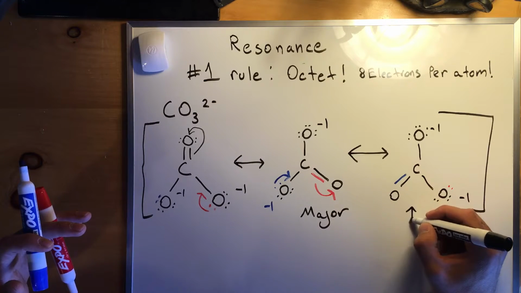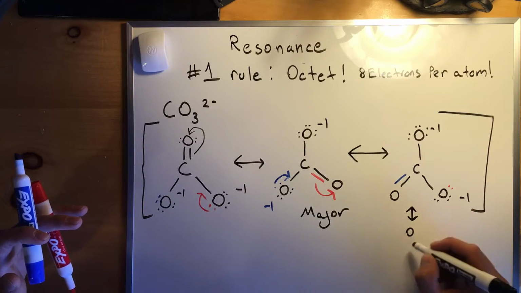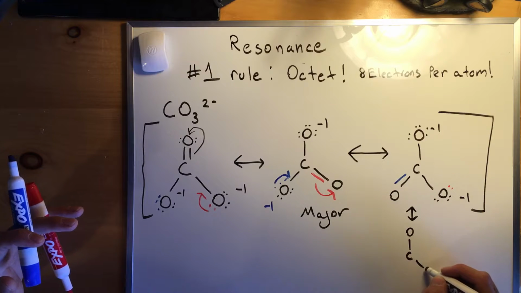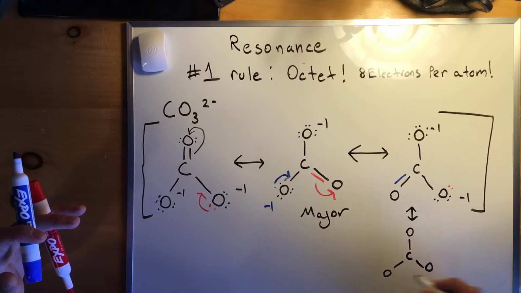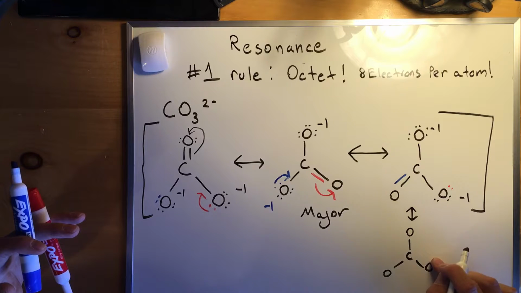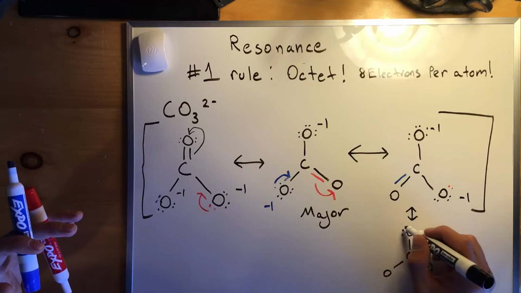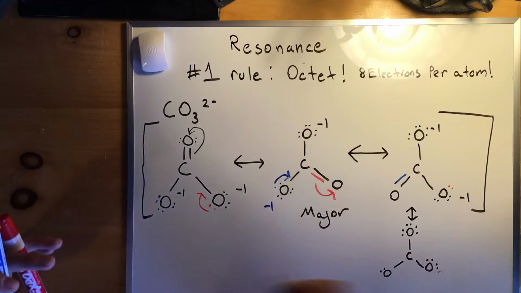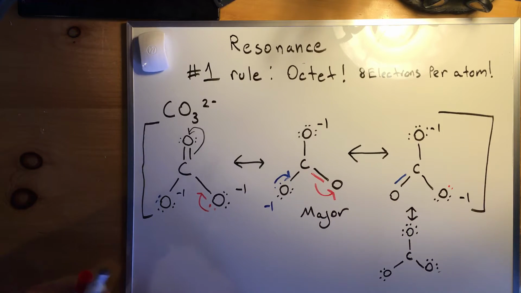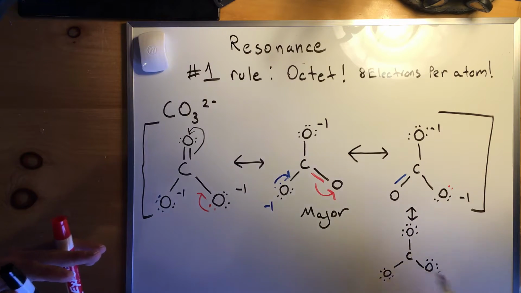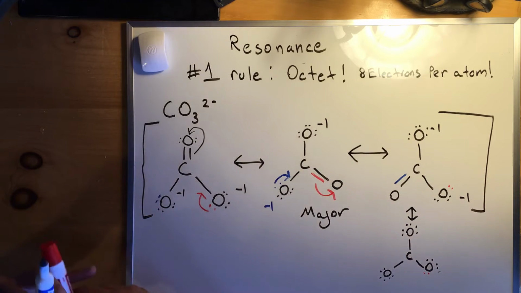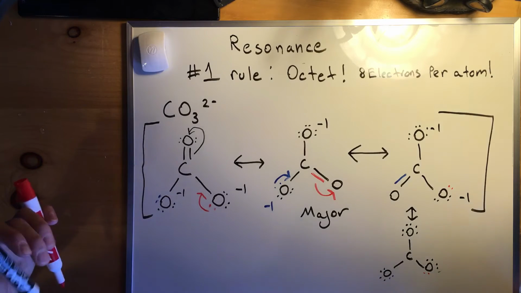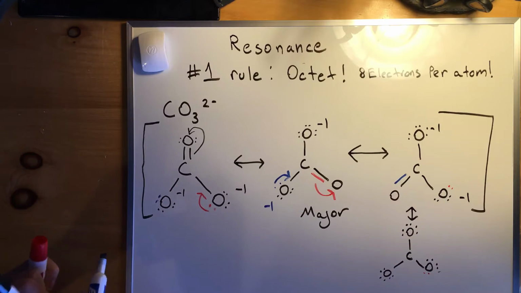There is a minor contributor that I can think of, and normally minor contributors are going to have some sort of charge on the carbon, so whether a plus or minus on the carbon, and that's pretty uncommon because carbon doesn't like to have a charge.